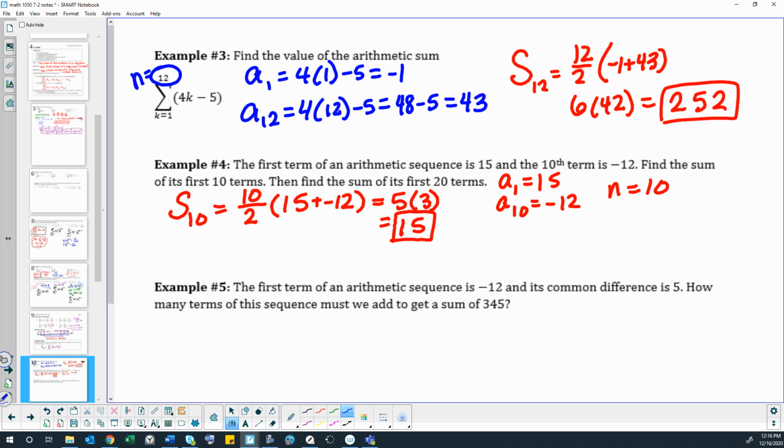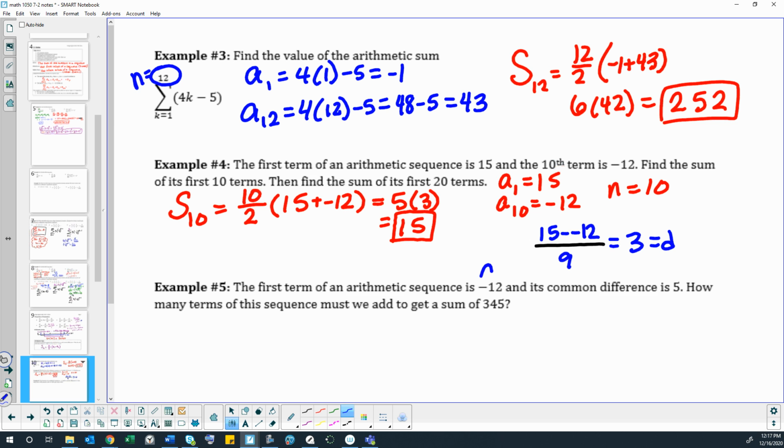How far does this go from negative 12 to 15 in those 9 steps? It's making a jump of 27 in 9 steps. So that's a jump of 3 per number. That is our common difference. We can use that to write a formula.